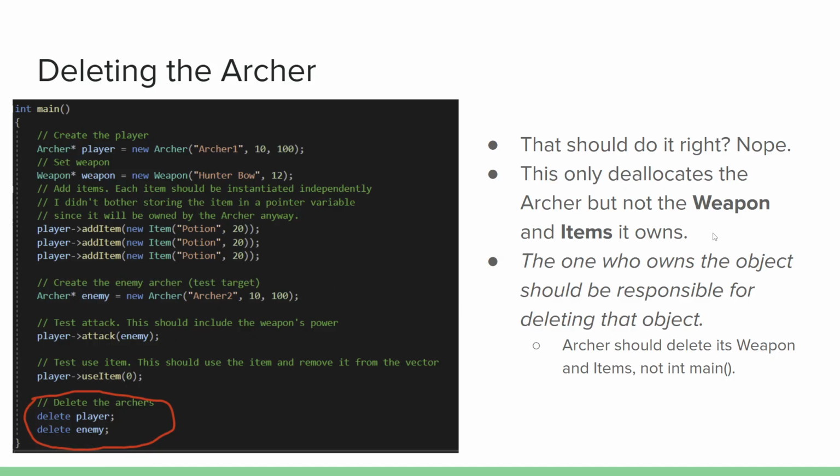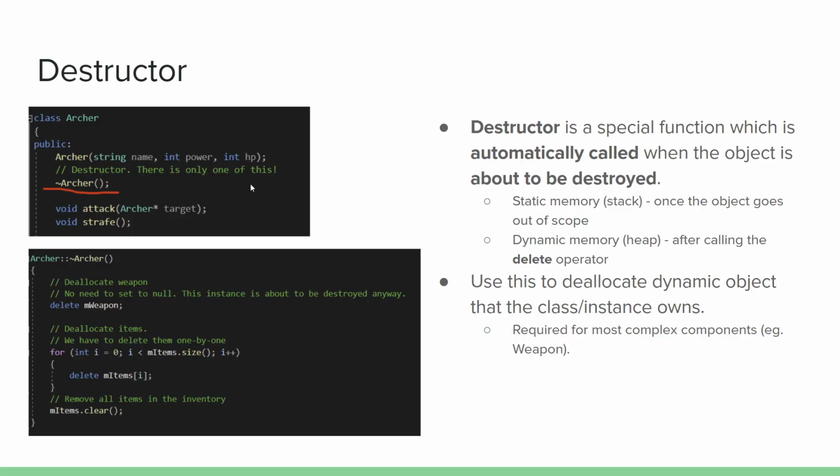So like in here, the one who owns the object should be responsible for deleting that object. So dapat si player mismo yung magde-delete niyon. So how do we do that? An easy way is using a destructor.